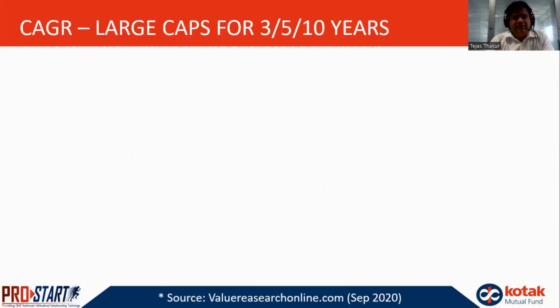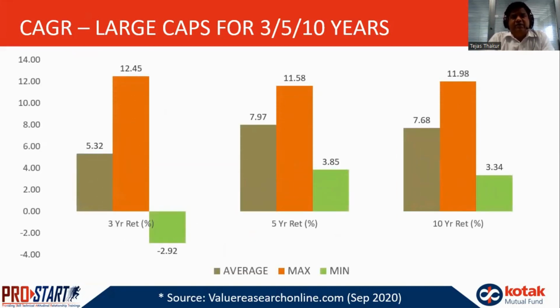This is slightly old data, but the CAGR for large caps for 3, 5, and 10 years, when we had plotted this, was like this. The 3 year returns varied between plus 12.45% to minus 2.9%, where the average was 5.32%. And similarly for 5 years and 10 years.